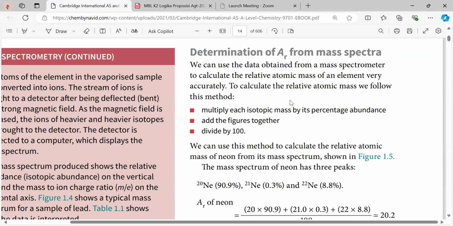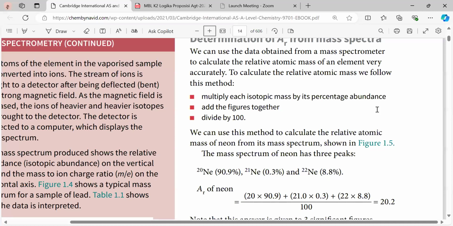To calculate the Ar, we follow this method. There are 3 ways. The first one: we multiply each isotopic mass by its percentage abundance, add the figures together, and then divide by 100. So this is the formula, actually.